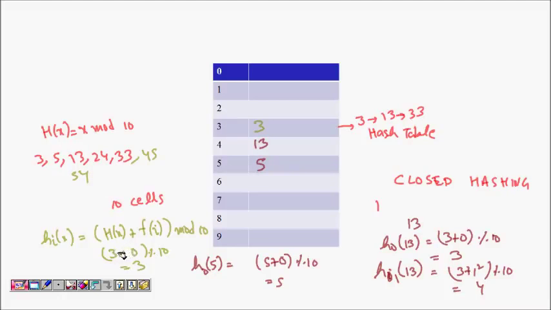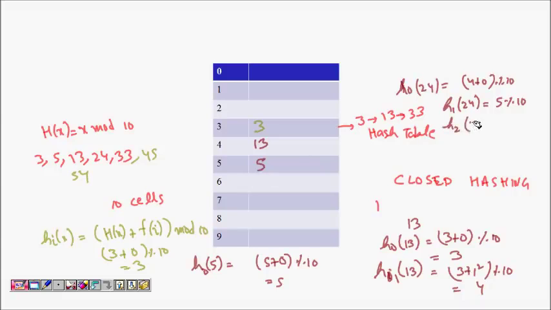Next we have 24. h0 of 24 will be 4 plus 0 mod 10, so it is 4, but 4 is already occupied. So h1 of 24 will be 4 plus 1 square, so 5 mod 10, but 5 is also occupied, so another collision.